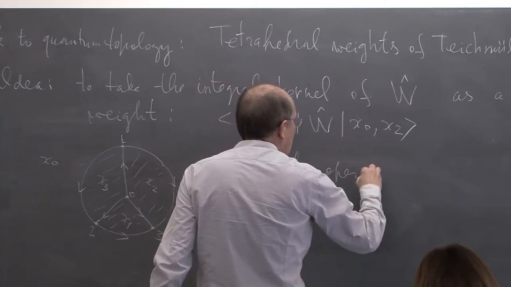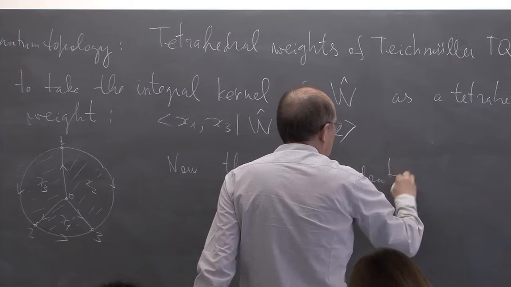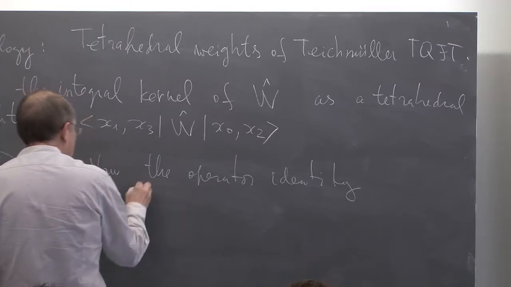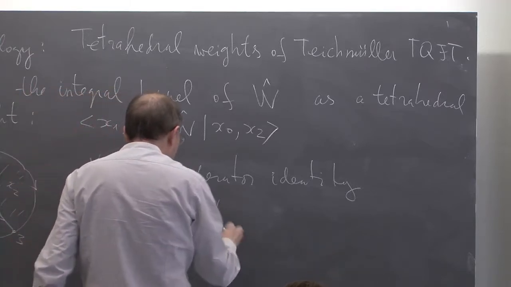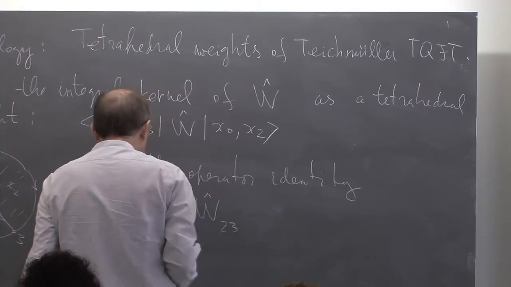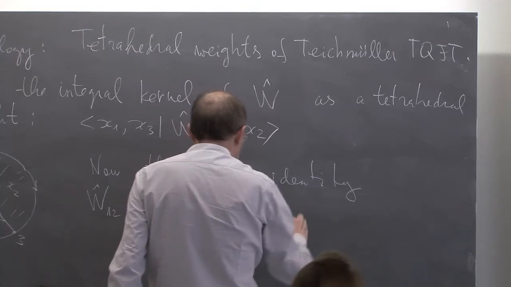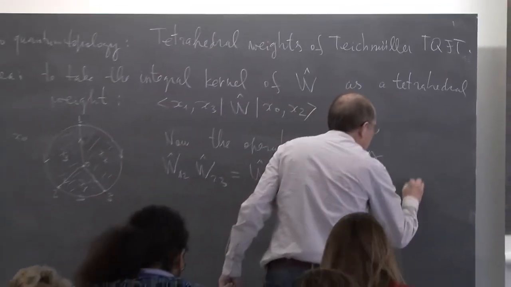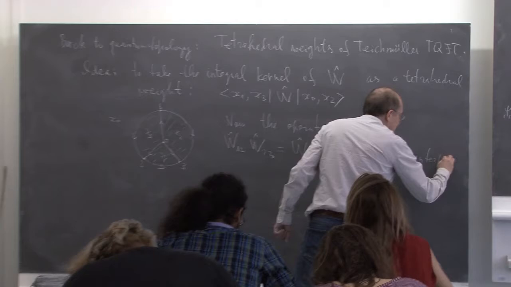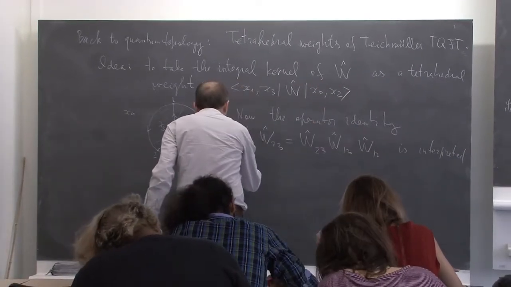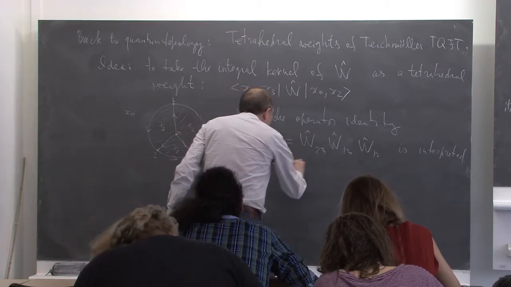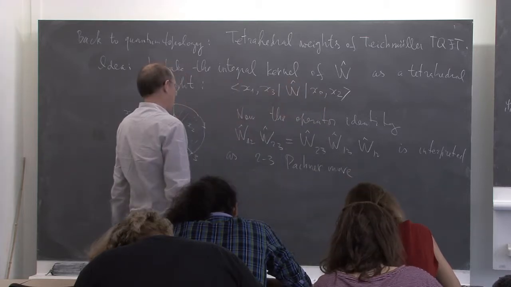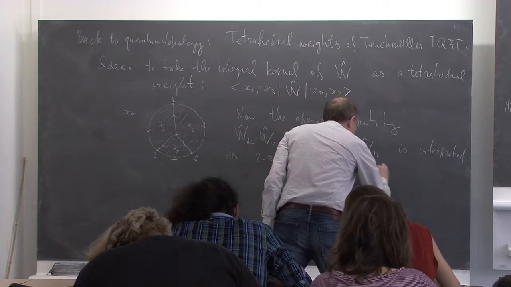The operator identity W12 hat W13 equals W23 W13 W12 is interpreted as a 2-3 Pachner move in 3D triangulations.